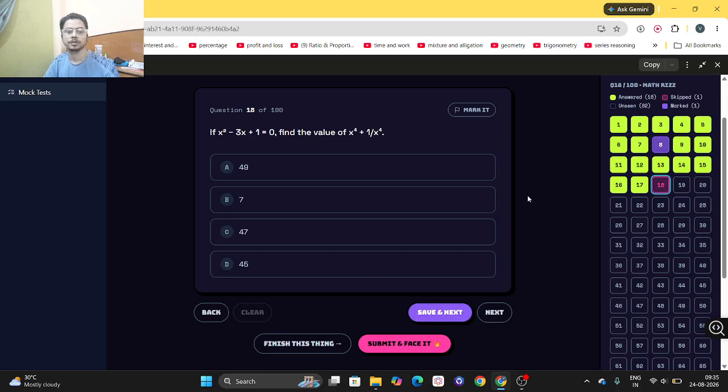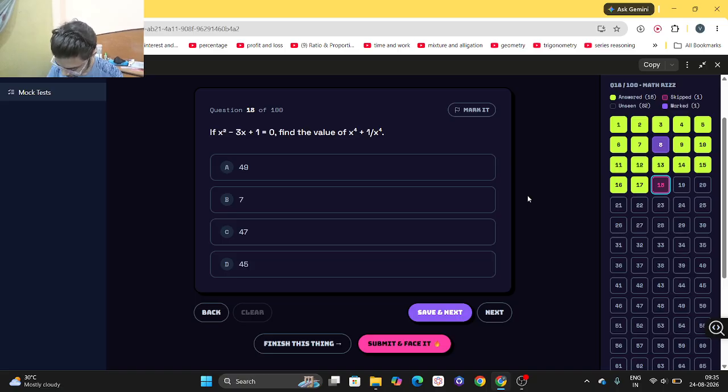Okay. Next. X square minus 3x plus 1 is equal to 0. Then find the value of x to the power 4 plus 1 by x to the power 4. Dividing x square minus 3x plus 1 is equal to 0 by x, this becomes x minus 3 plus 1 by x is equal to 0.